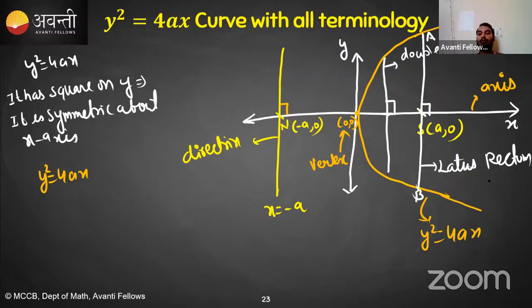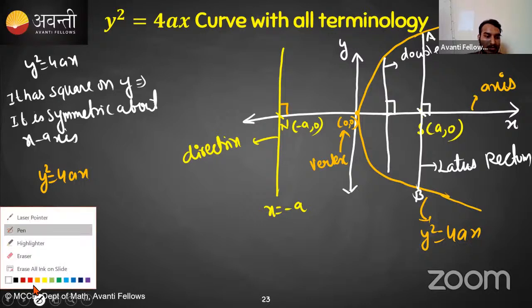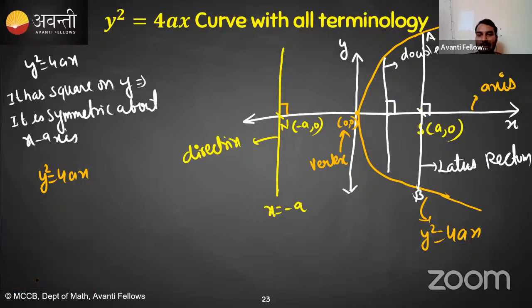Clear? So latus rectum समझ में आ गया, a chord which is perpendicular to the axis of symmetry and passing through the focus is known as latus rectum. Everyone tell me quickly in the chat box, how many of you understood this? Clear everyone?